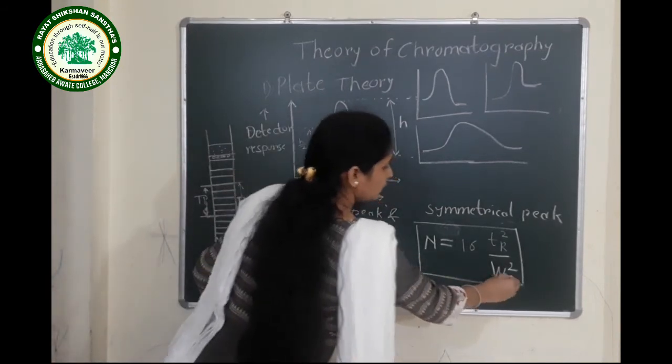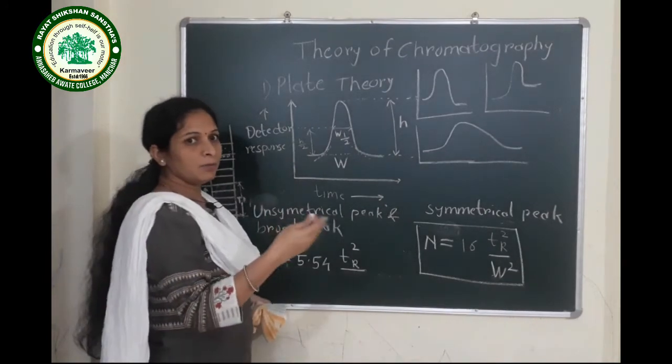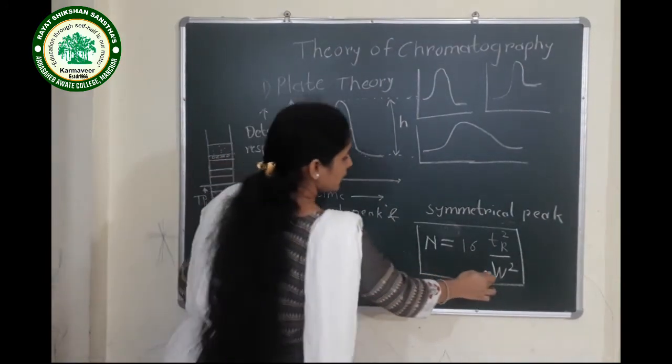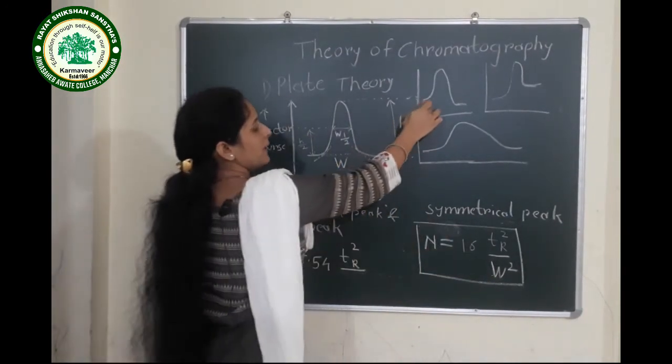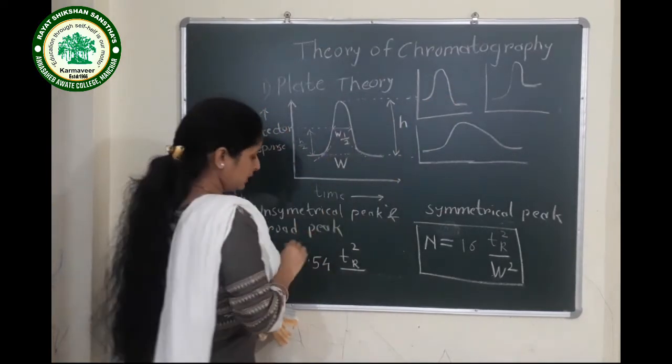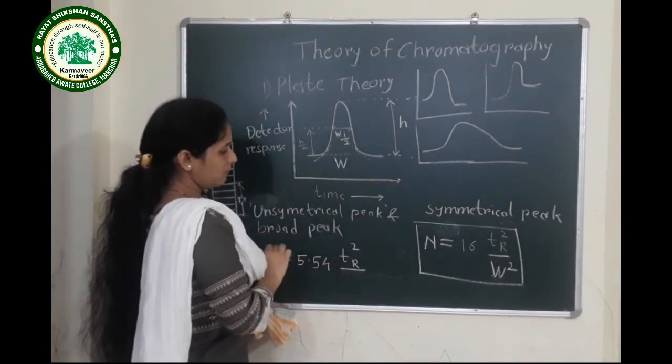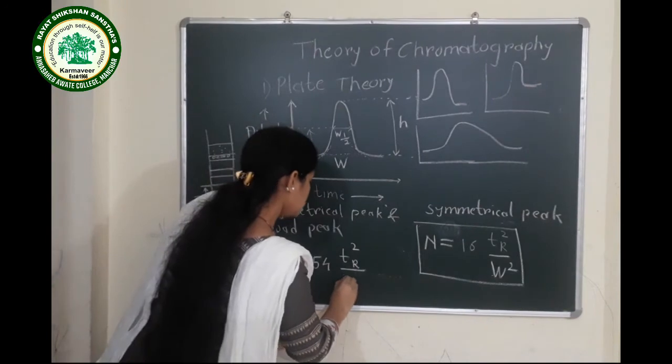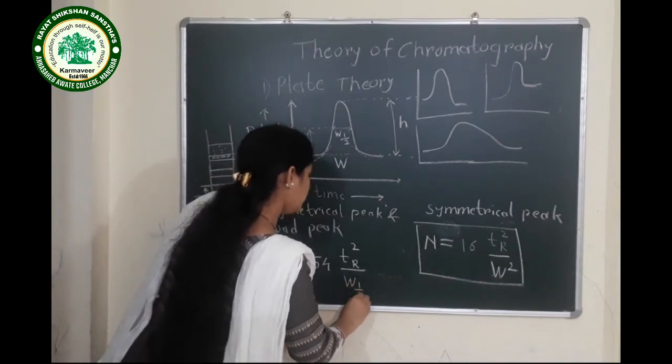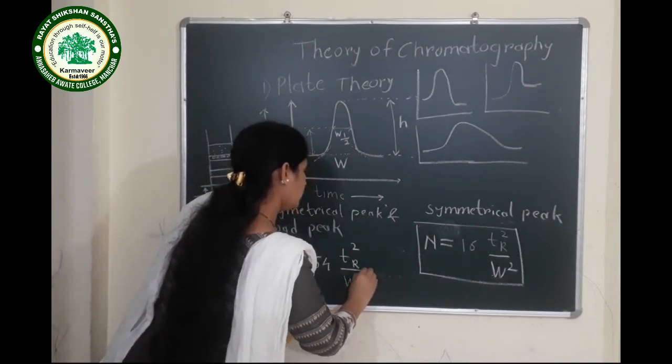In place of the W, we will take W half because it is impossible to measure the W value in that unsymmetrical and broad peak case. So we will take the W half value.